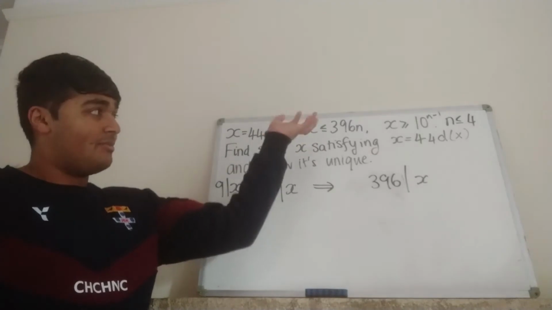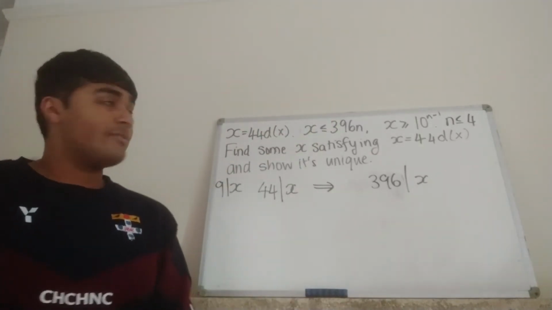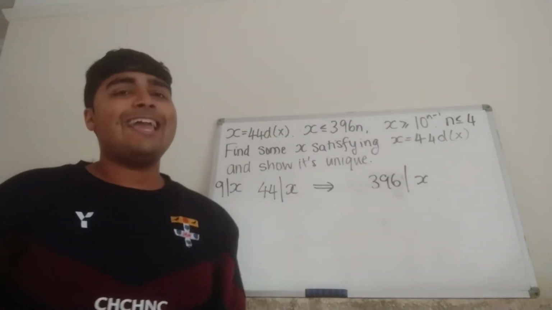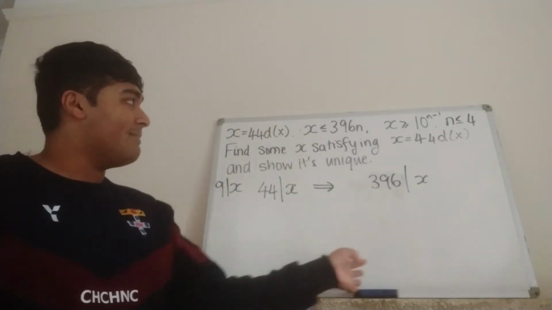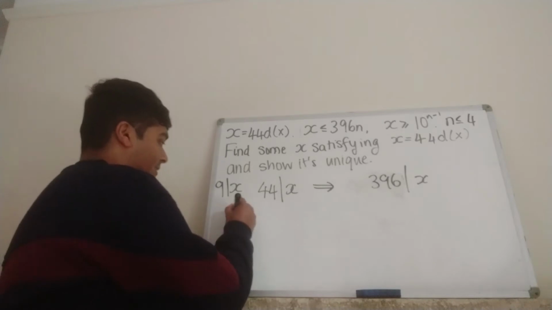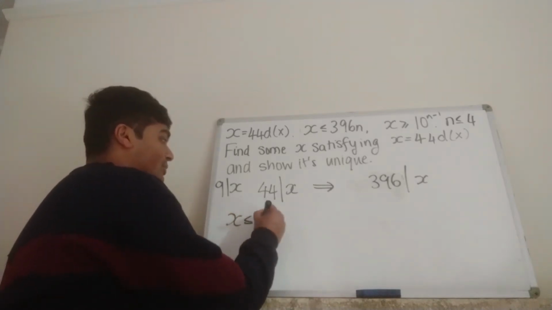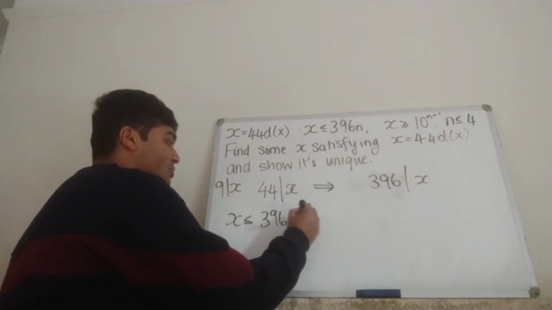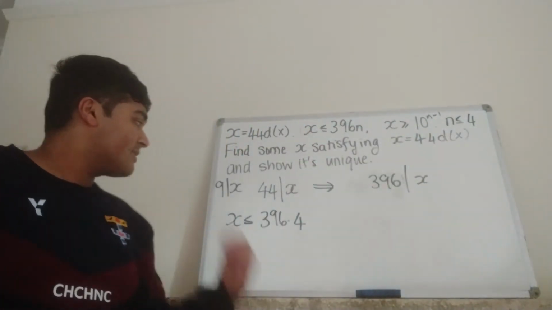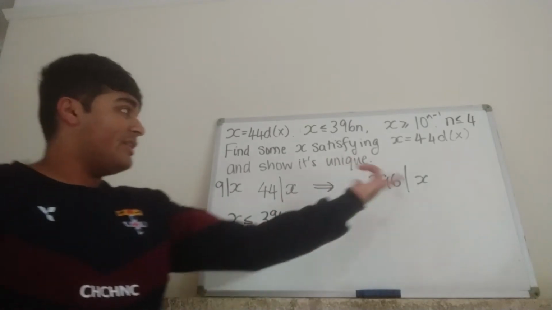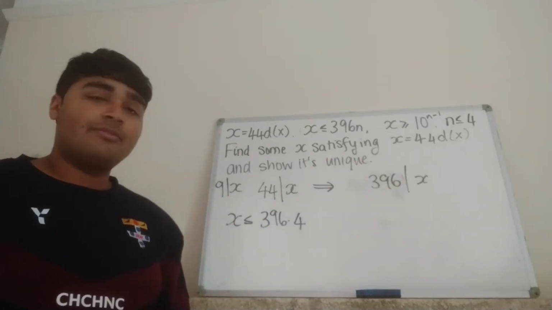Now, from the thing that we just proved, we showed that x must be at most 396n, but we also showed that n must be at most 4 for this to be true. So that means that certainly x is less than or equal to 396 times 4. Okay, just combining these two together. So x is less than or equal to 396 times 4, and we know that x is a multiple of 396.